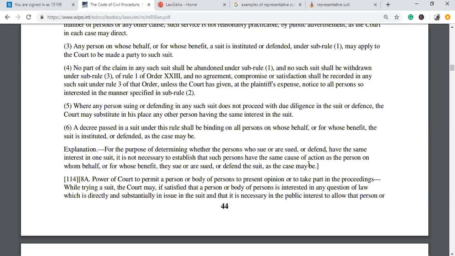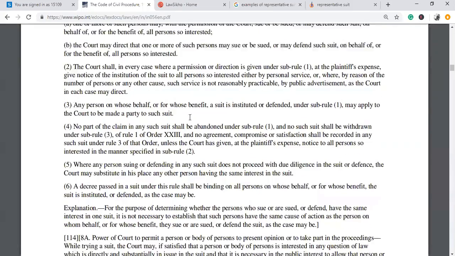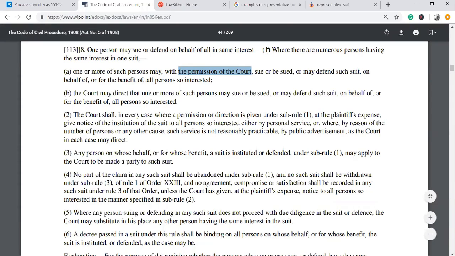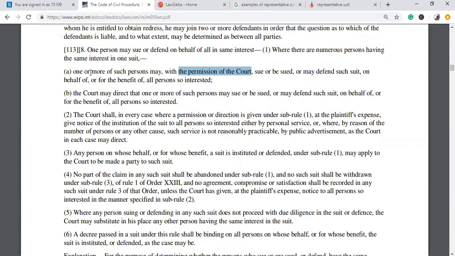So starting with the third ingredient, we have a suit of representative nature that can be initiated in either of the ways. And these ways are on court's direction or by taking court's leave, with the permission of the court, under sub-rule 1 of rule 8 clause A. This talks about taking leave of the court, that is, the party who wants to represent is applying before the court.